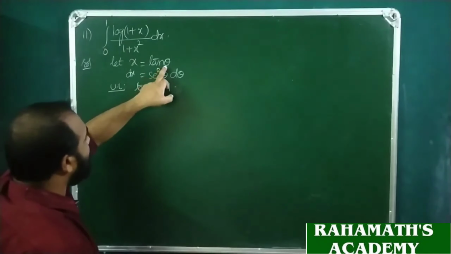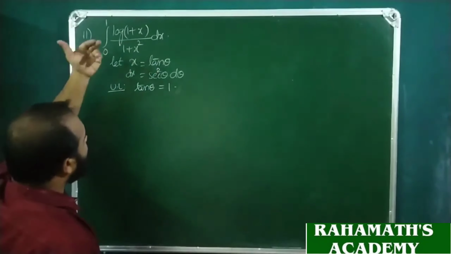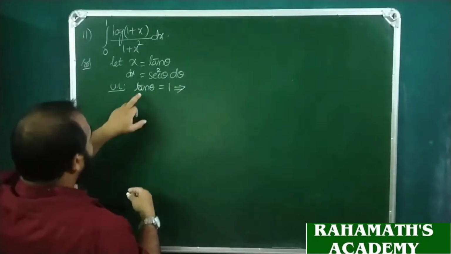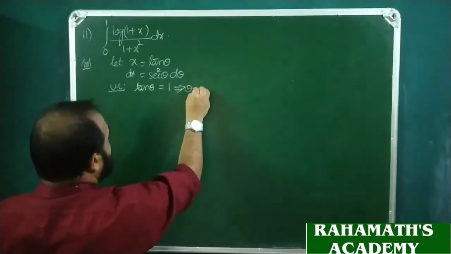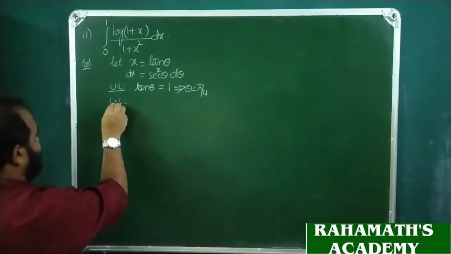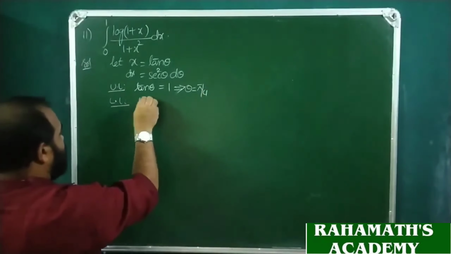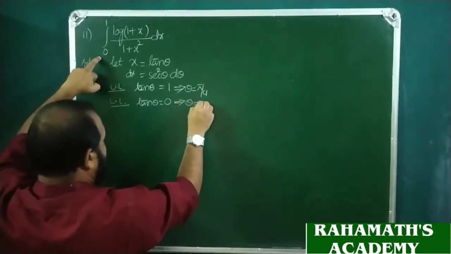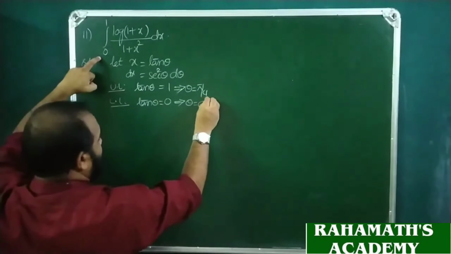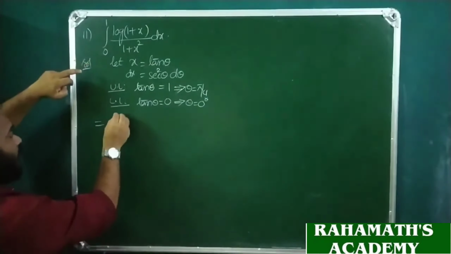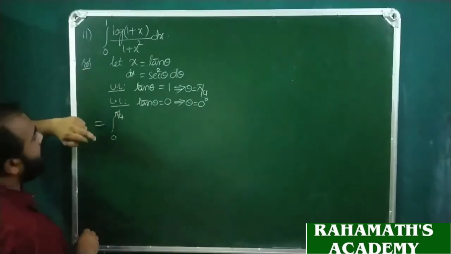This x we are changing in terms of theta, therefore for theta we have to evaluate the limits also. If tan theta equals 1, theta equals pi by 4. Lower limit: tan theta equals 0, then theta equals 0. So 0 to 1 is changed into 0 to pi by 4.